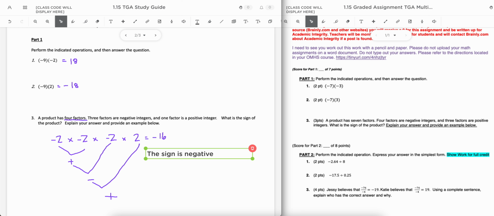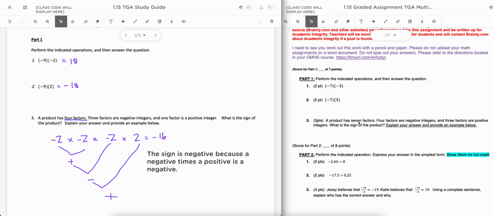The sign is negative because, let's see how we want to word this, because a negative times a positive is a negative. So I was just explaining the very last part of it. So we got to a positive right here, positive, and a negative. These two last ones, the -8 times +2, gave us a negative.